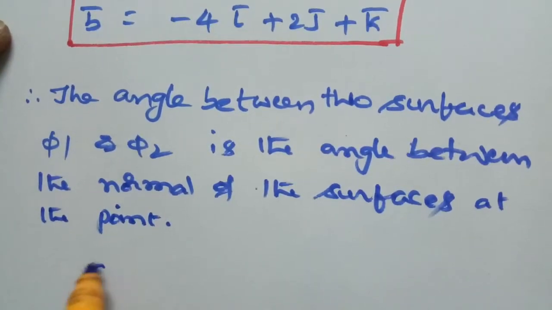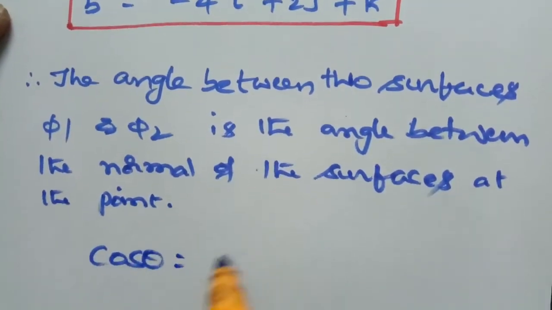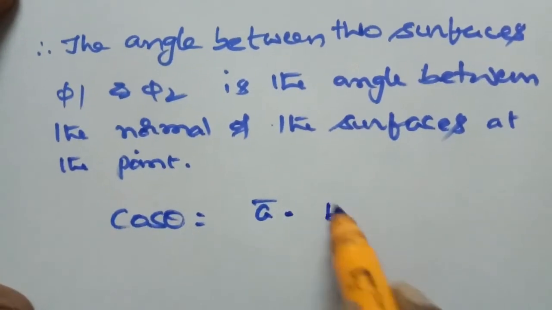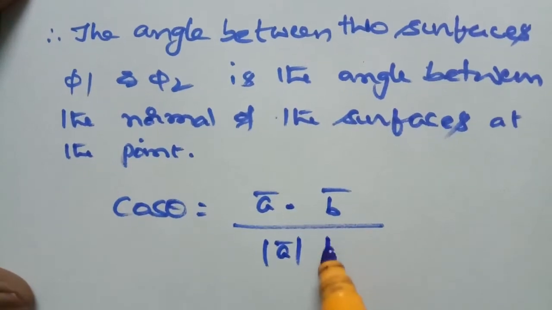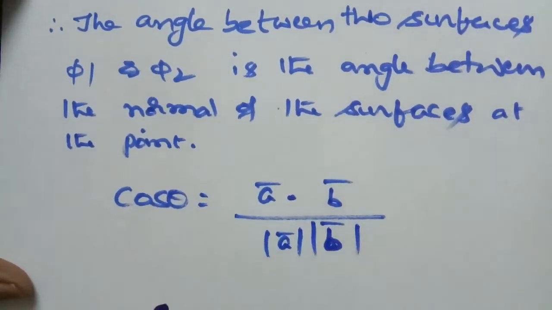Therefore cos theta is equal to a bar dot b bar by modulus of a bar into modulus of b bar.